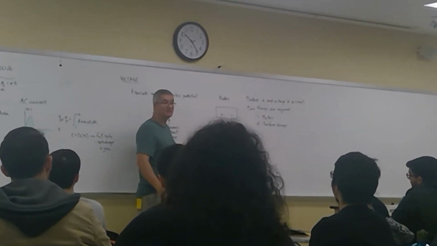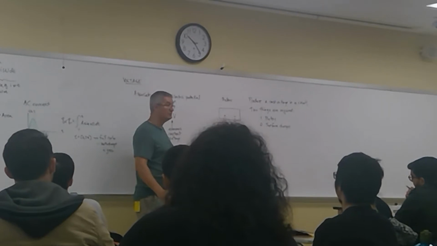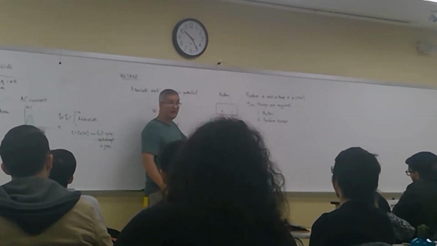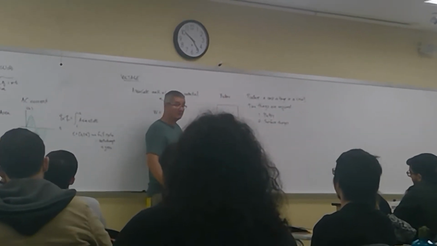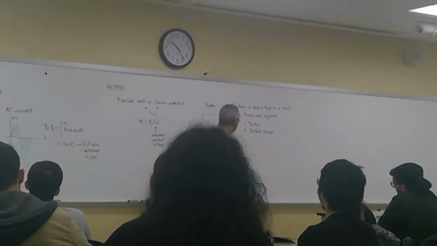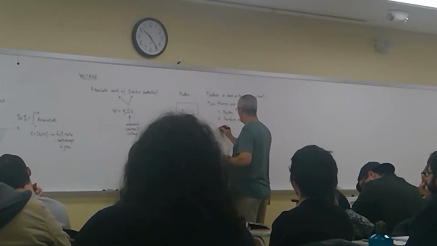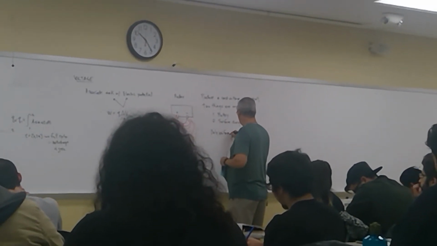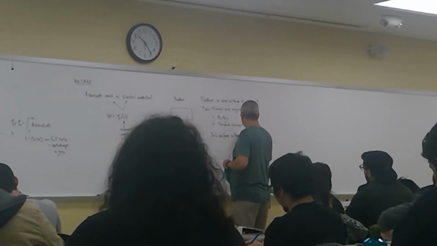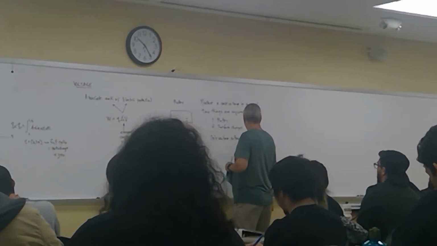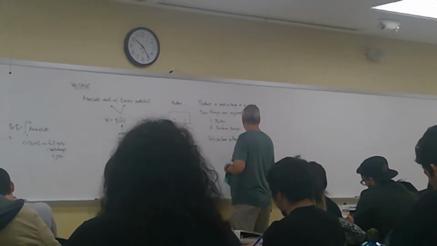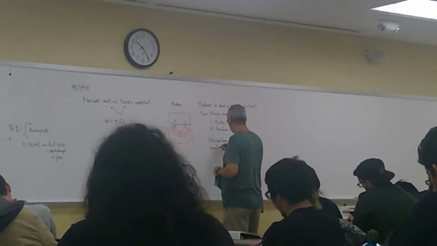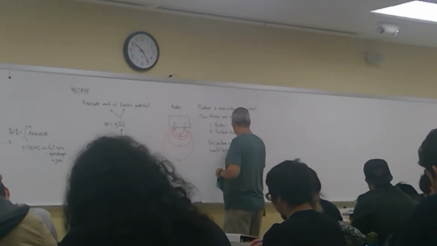And if you had a sensitive enough meter, you could actually measure this field. It would be hard, and you'd have to work hard to get it, but that's the case here. And so what you'll find here is that the only uniform voltage is using a parallel plate field.